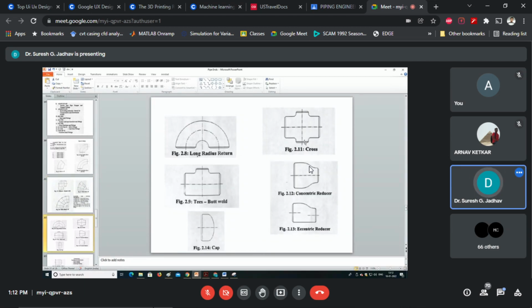Now, next is flanged end fittings. Fittings with both ends flanged are used where welding is not possible. Then we can use the flanged end fittings.